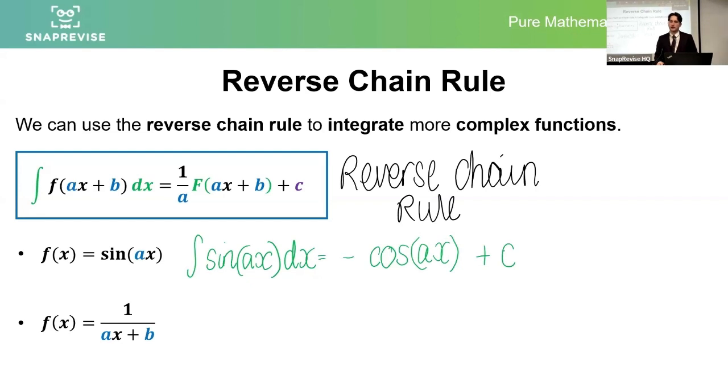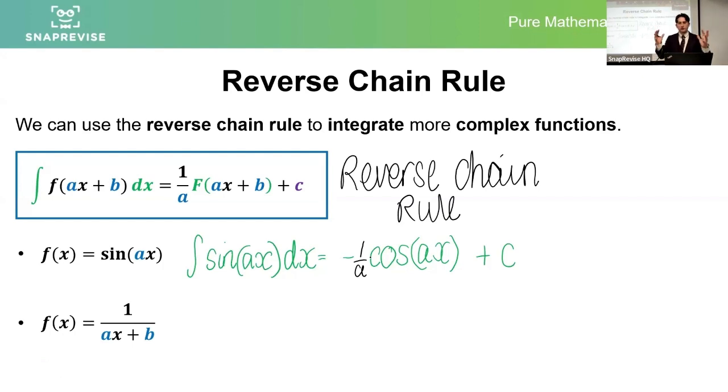And then I'm going to differentiate it and see how far off I am. Minus cos(ax) differentiated by chain rule would actually be a sin(ax). Now I don't want a sin(ax), I just want sin(ax). So I'm out by a factor of 1 over a. That's the adjustment factor I would need to include.